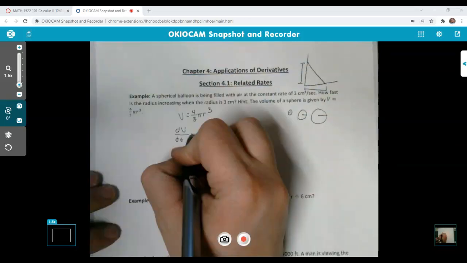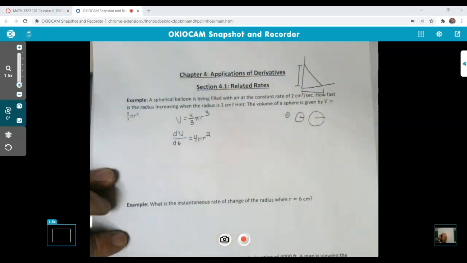the derivative of all of that side. Remember, 4/3 and pi are just constants, right? So I can just use the power rule here. Bring 3 down. 3 times 4/3 is just 4. Pi is just a constant, so that's going to just stay pi. And then since it was r to the third, go down by a 1, and that's r squared now.